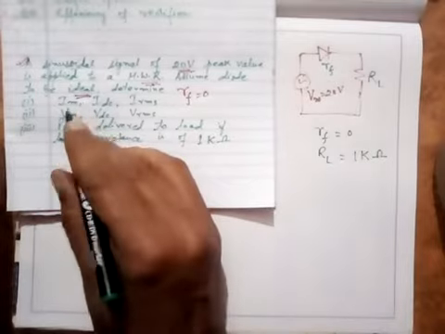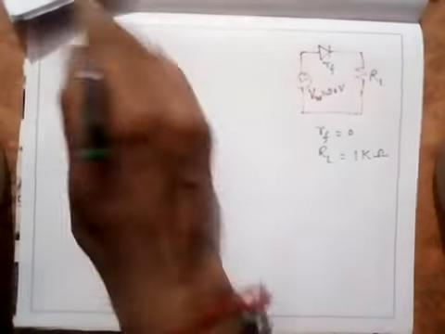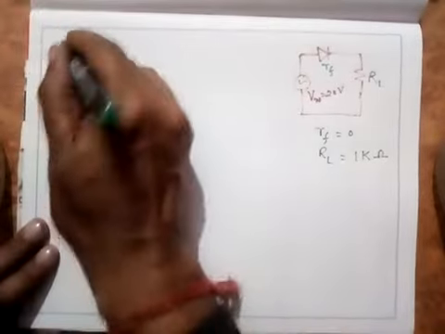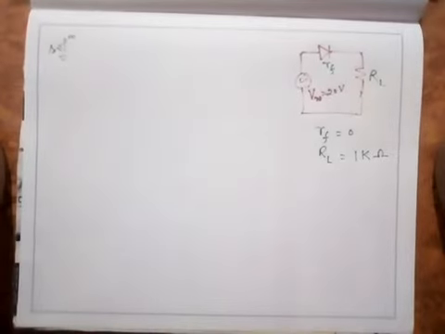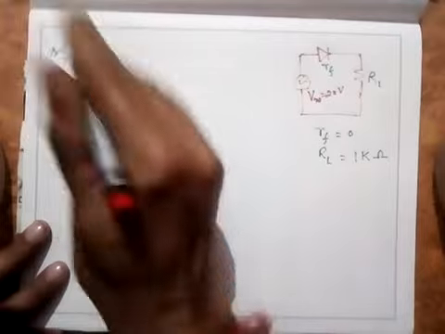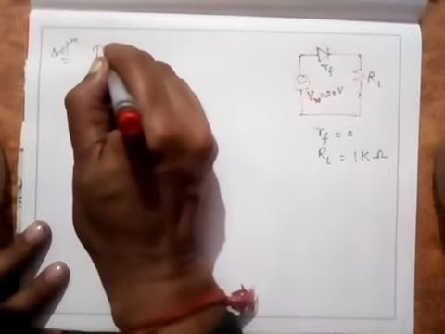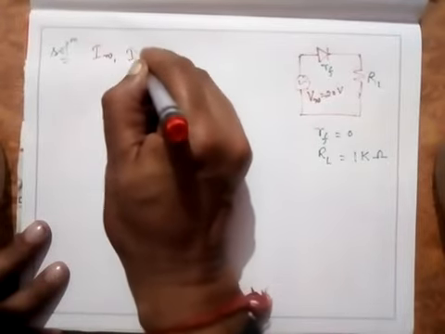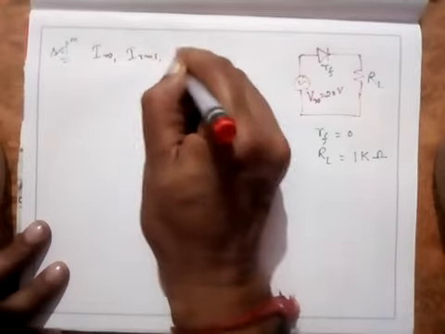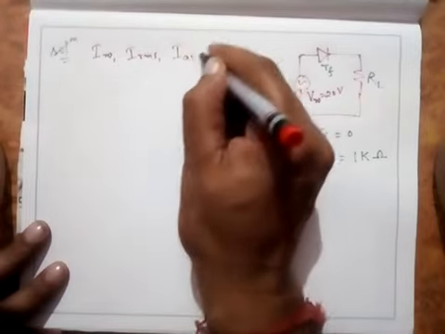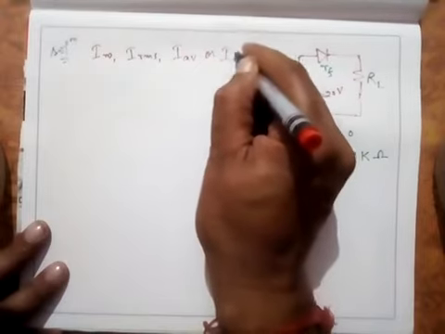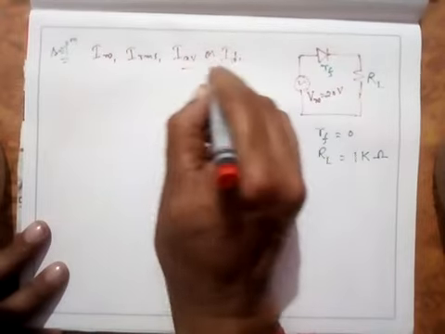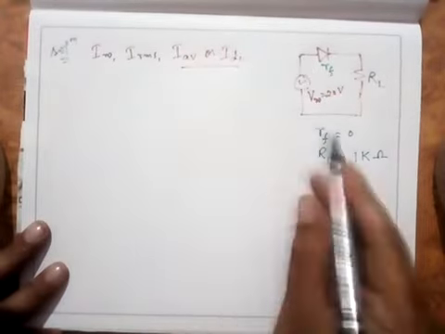First part says find the value of Im. Look at the solution. You have to find Im, Irms and I average, or you call it IDC. One and the same thing. Simply apply the formula.